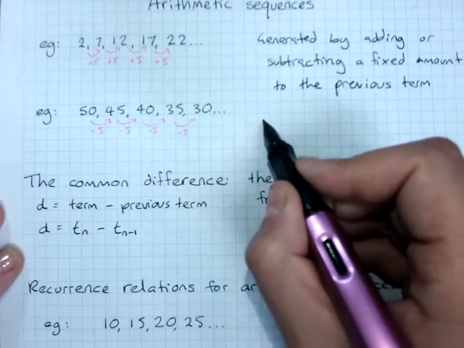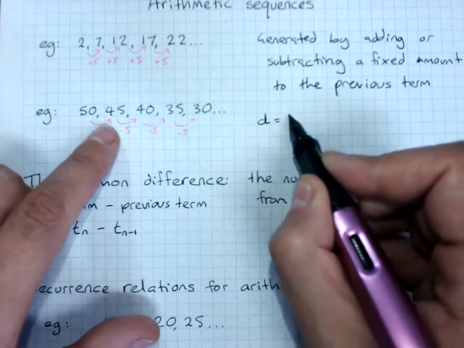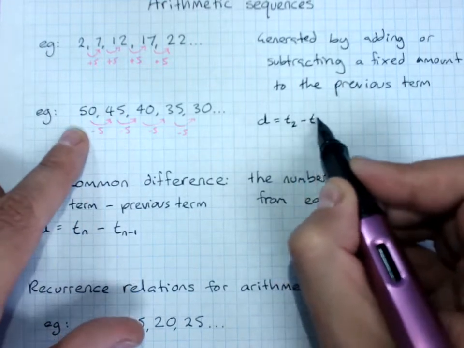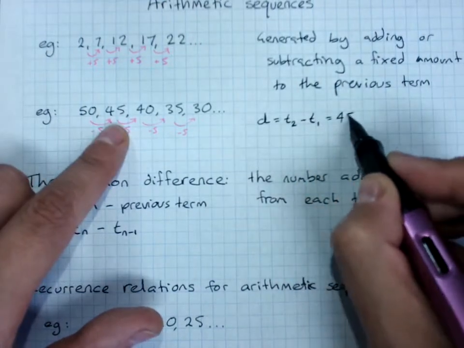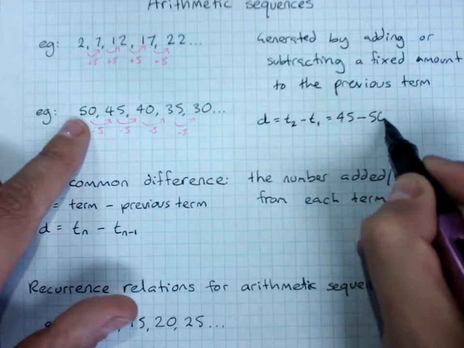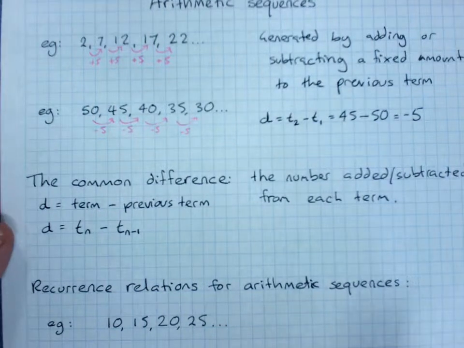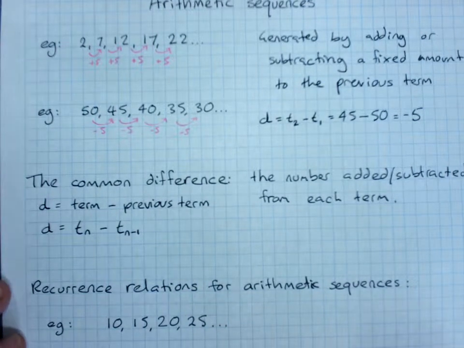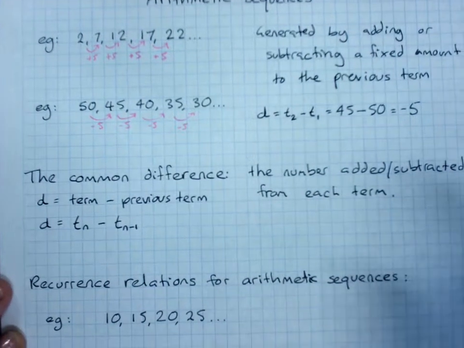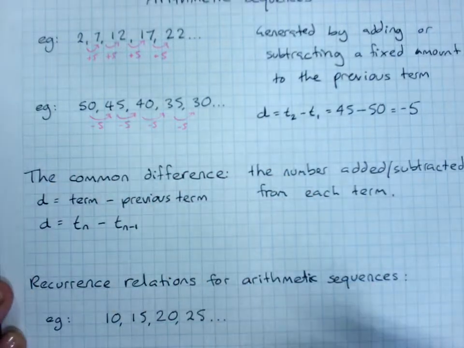So for this one, the common difference is T2 minus T1, which is 45 minus 50, which is negative 5. So you need to be able to calculate the common difference. Sometimes, of course, you can just see it.